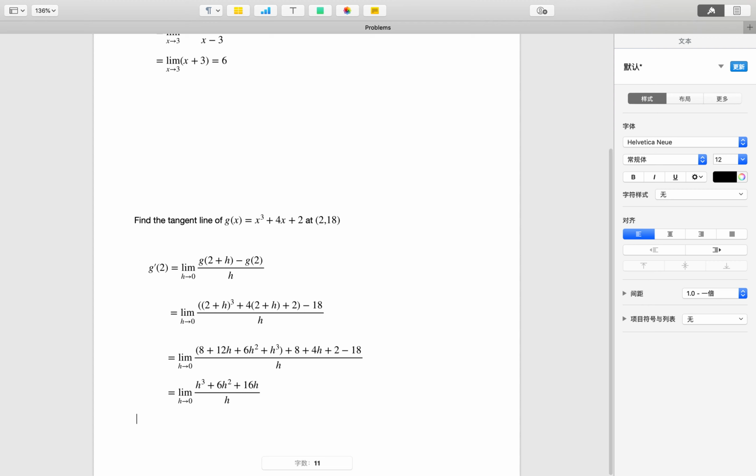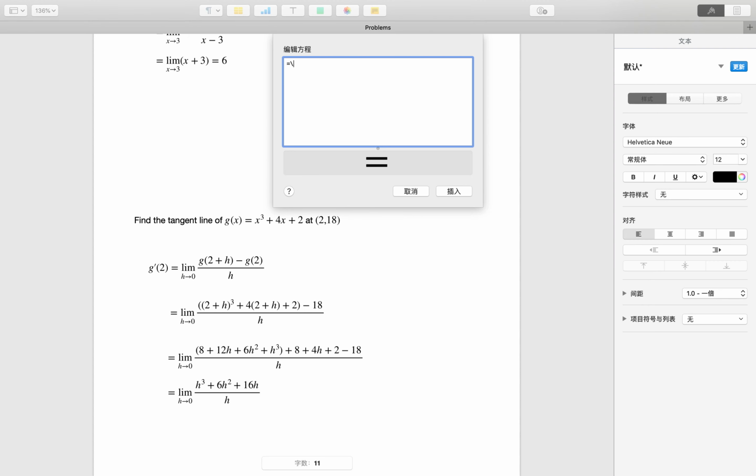And you cancel the common factor of the numerator and the denominator. You get the limit as h approaches 0 of h squared plus 6h plus 16.